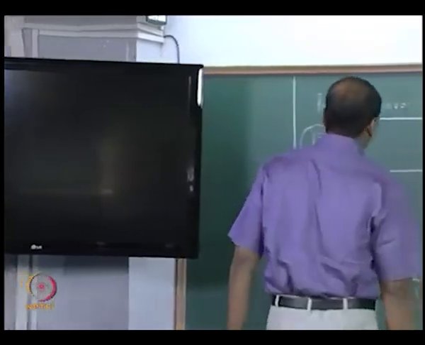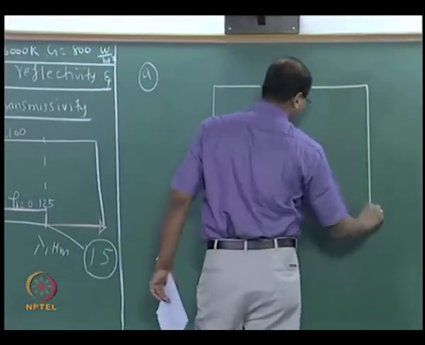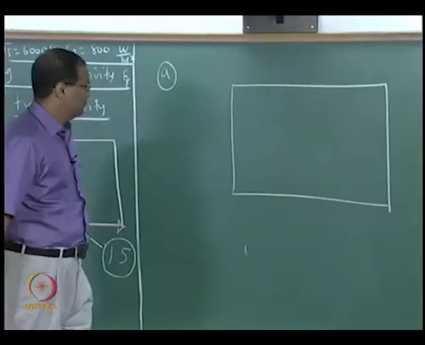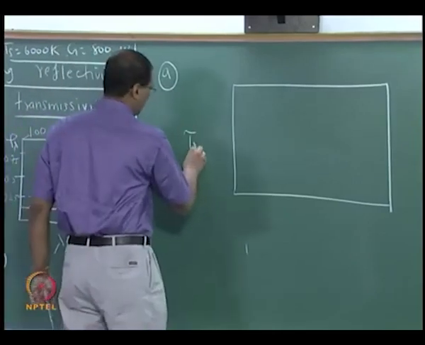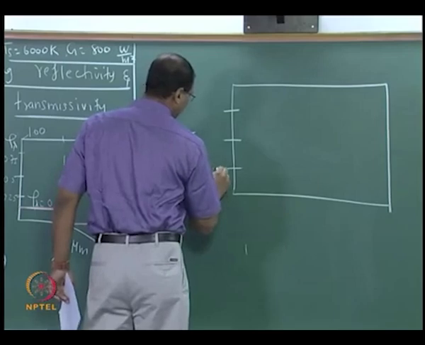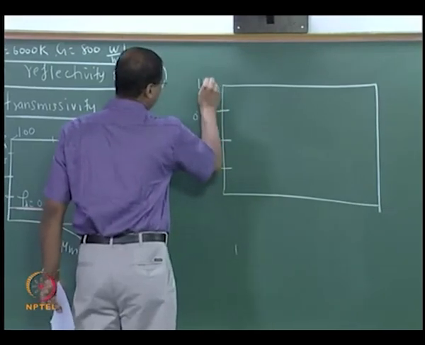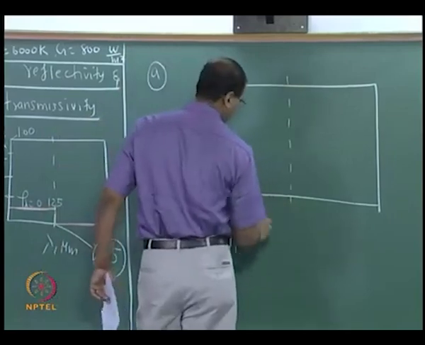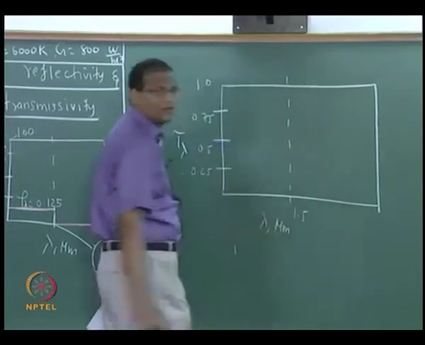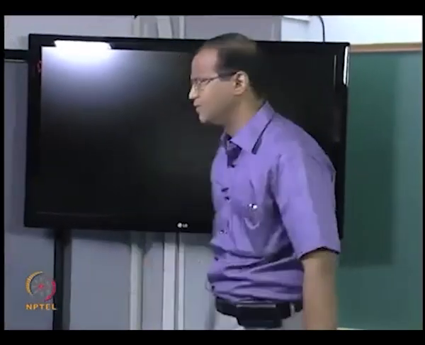So the first part of the question is, from these two distributions we have to get the distribution for tau lambda.